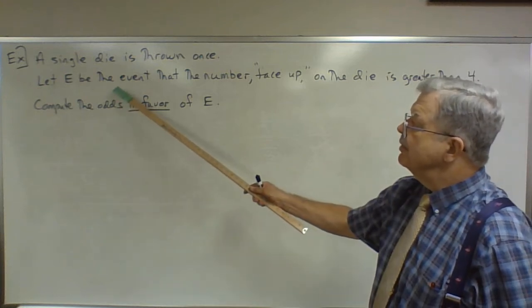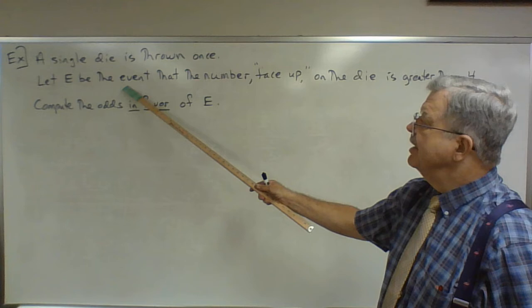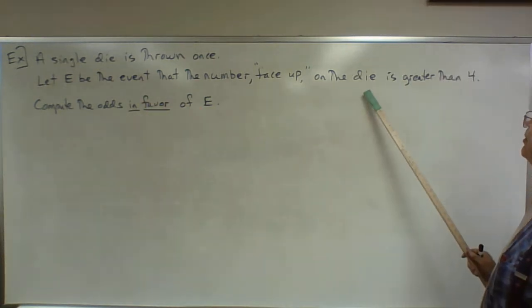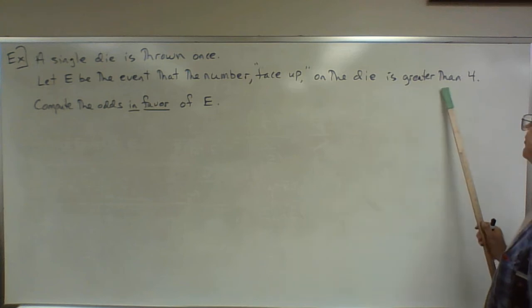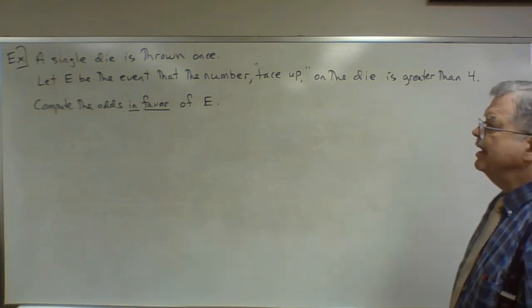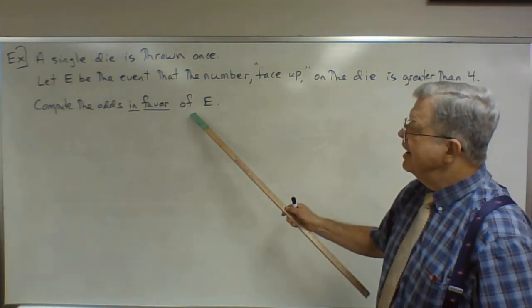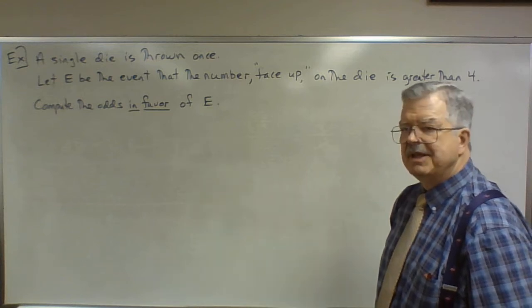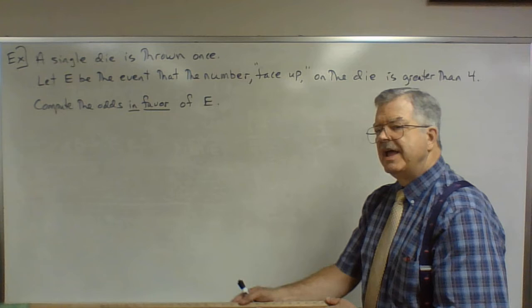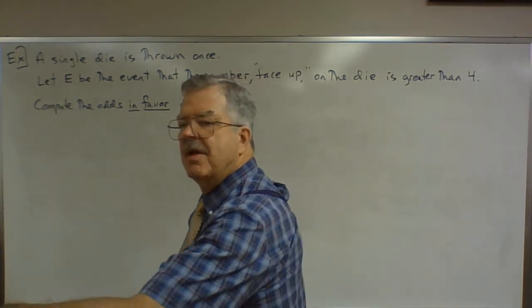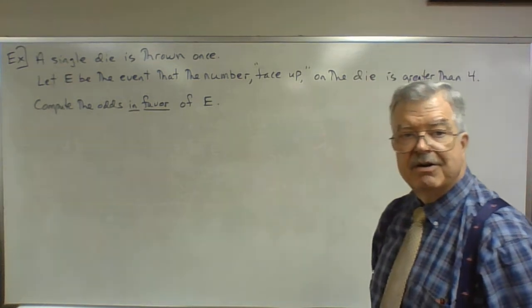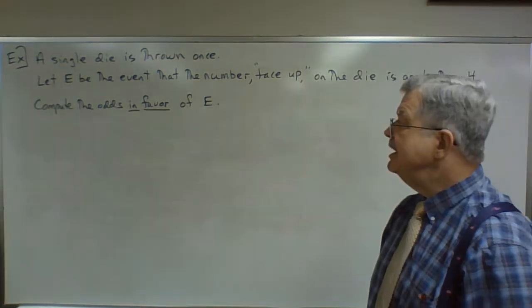The event that we're looking for is the event that the number that's face up on the die is greater than 4. And we want to compute the odds in favor of E. And to do this, we need to know the probability that E occurs and the probability that E does not occur.